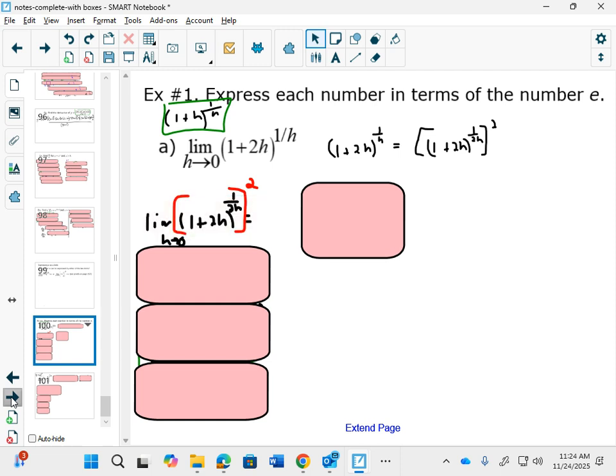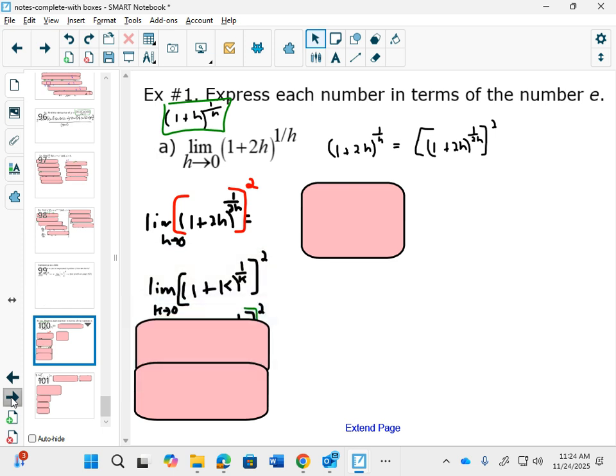So this becomes the same thing as a limit as h goes to 0 of 1 plus 2h to the 1 over 2h. And I could say temporarily, I'm going to let k equal 2h. Does it make sense that as h goes to 0, so would k? This allows me to rewrite this as a limit as k goes to 0 of 1 plus k to the 1 over k.